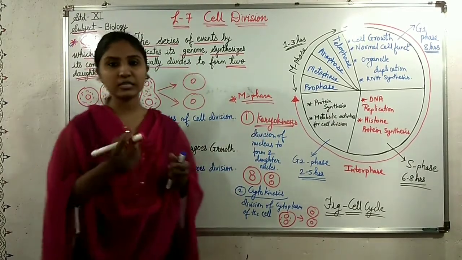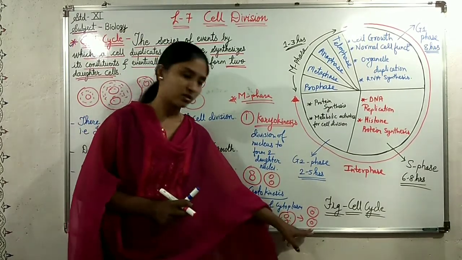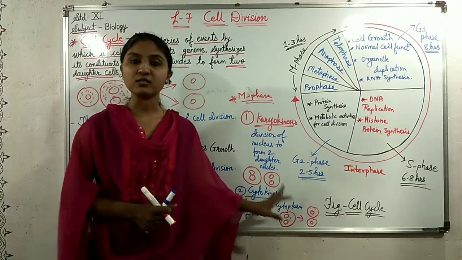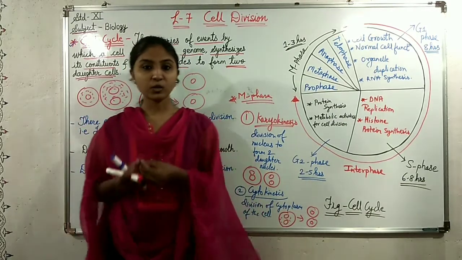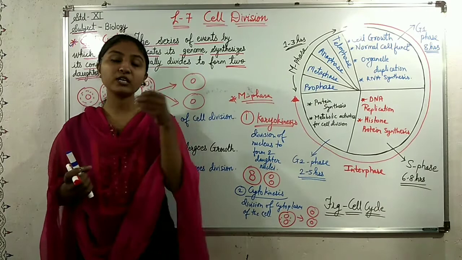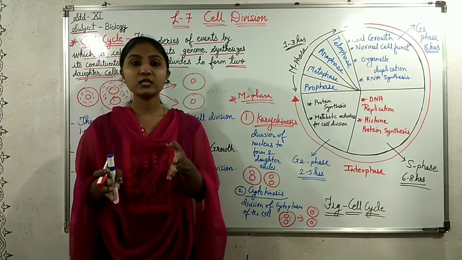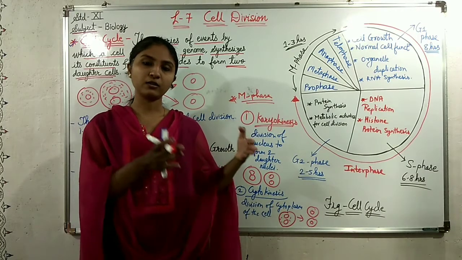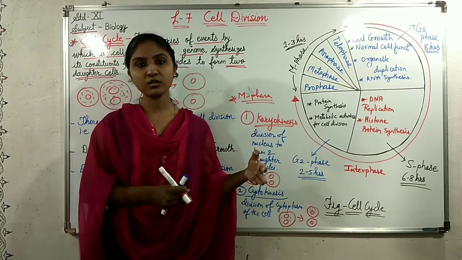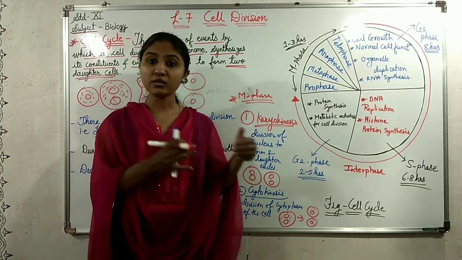Two new daughter cells are formed. This process is called cytokinesis. In cytokinesis, the cytoplasm which surrounds the nucleus divides itself, resulting in the formation of two daughter cells.